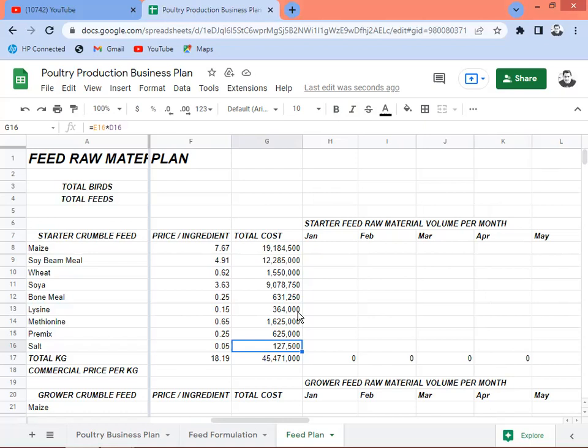Usually they are looking for the yellow corn because of the color. If it is in mash form, when you are doing mass production of mash feeds, it would not be efficient, because lots of ingredients are wasted since the chicks are not eating all of them.